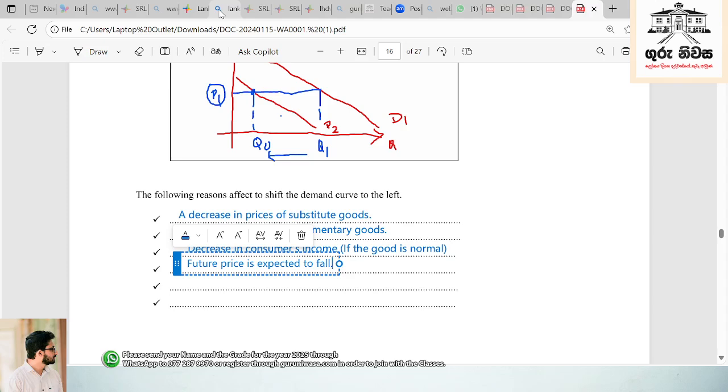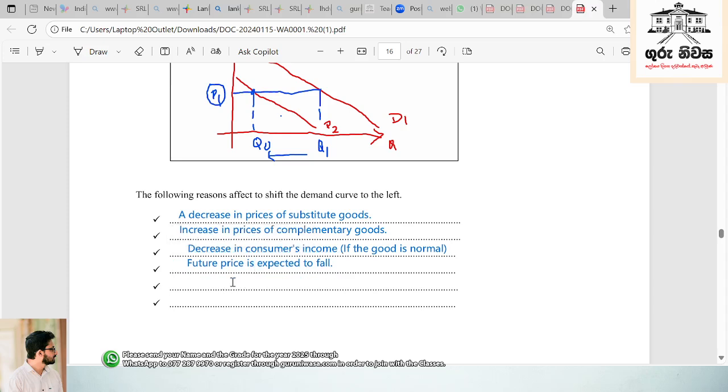People did not want to buy cars because they postponed their expenditures until car prices fell in February this year. They postponed their expenditures, causing demand for cars to reduce until price fell. But it never happened. Future price is expected to fall.